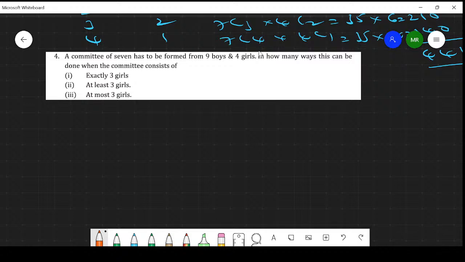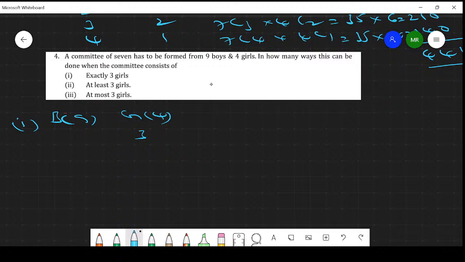When they're talking here, 9 boys and 4 girls. First, you can also write here the boys: 9 boys, and 4 girls we have, right? First case, exactly 3 girls they are saying here. When they say exactly 3 girls, I will consider only 3 girls.